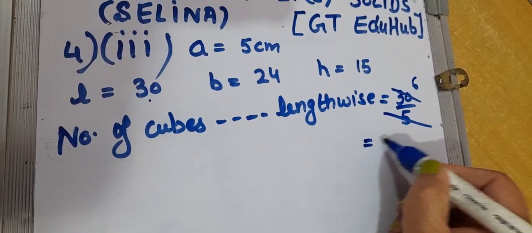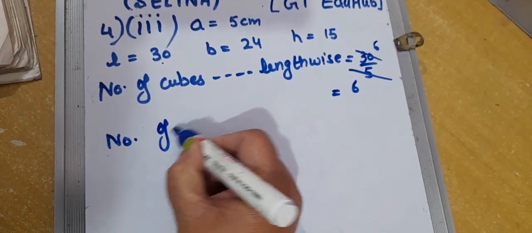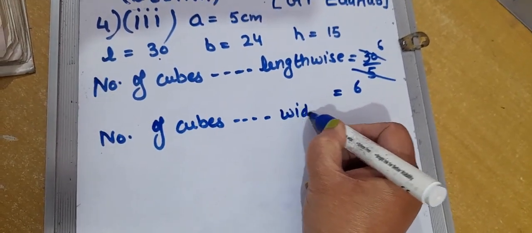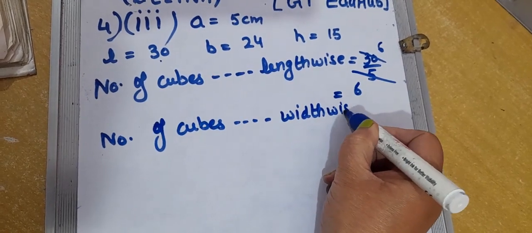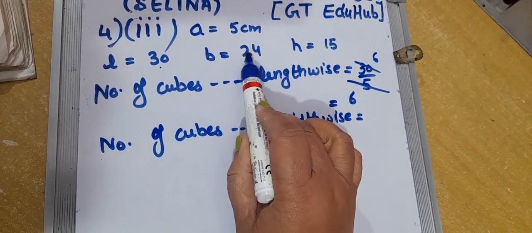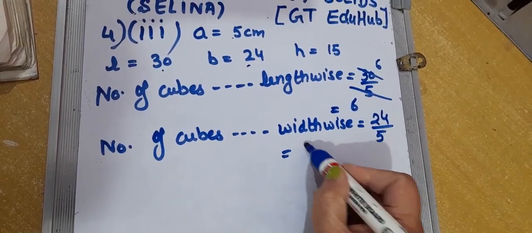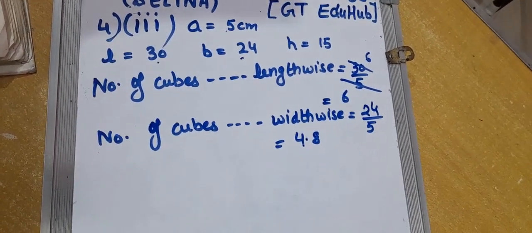So you get 6. Then the number of cubes that can be placed widthwise. Breadth is 24, so 24 upon 5. You get 4.8.